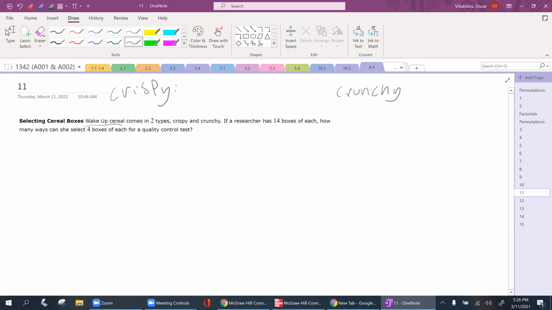For crispy, she has 14 total boxes, and she wants to select four. For the crunchy it's the same thing: you have the total amount of 14, and you want to select four. In other words, I'll be multiplying these two cases together.